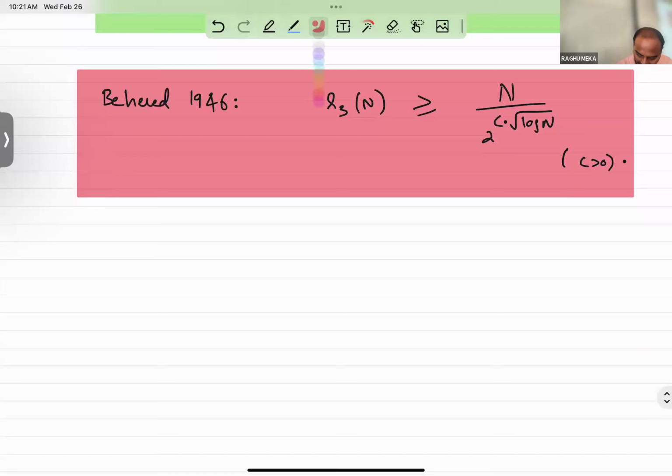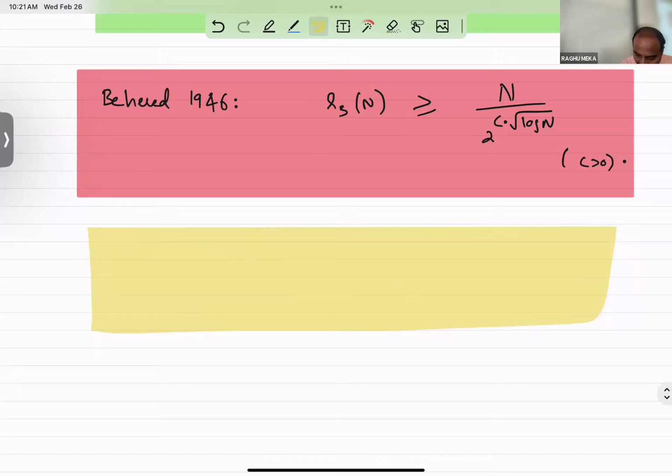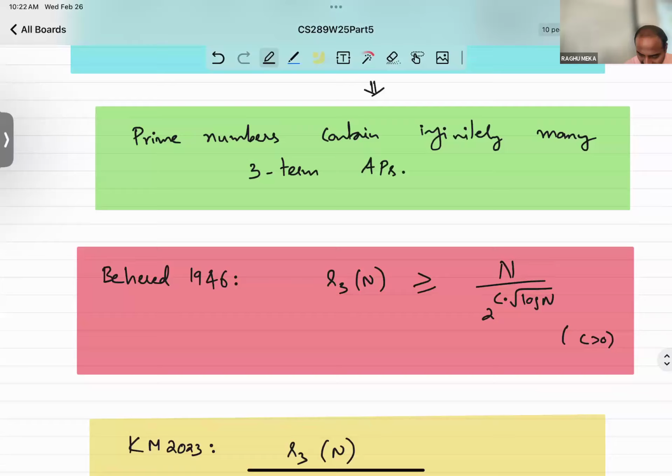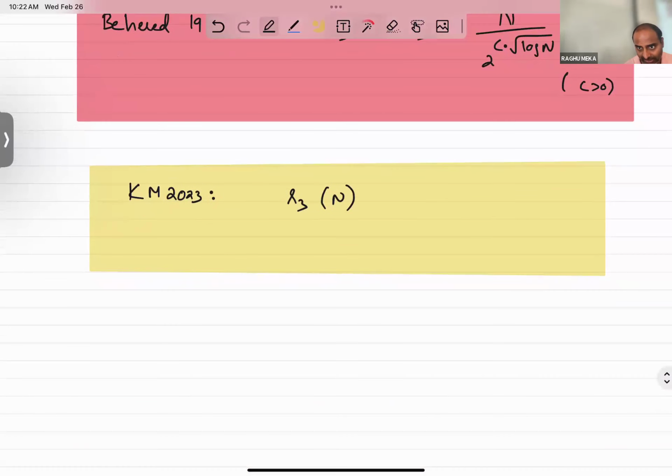A couple of years ago, Xander Kelley and I got close to closing this gap. What we showed was that Behrend's example is likely the right answer.